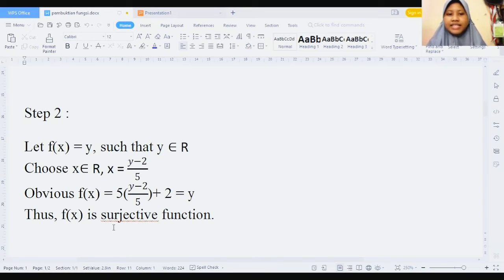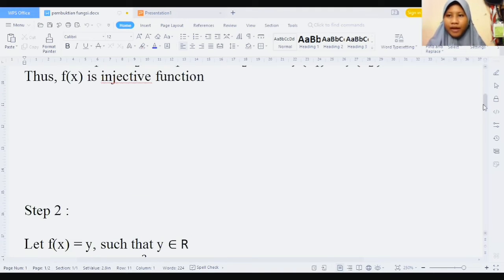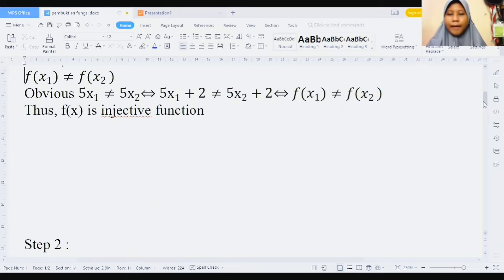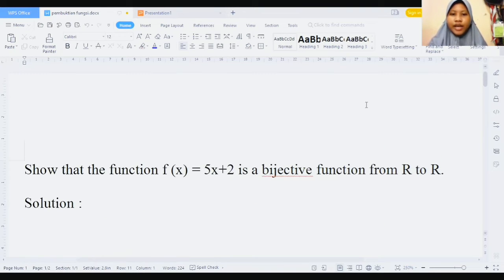Thus, f(x) is a surjective function. So from step 1 and step 2, we can conclude that the function 5x plus 2 is a bijective function from R to R.